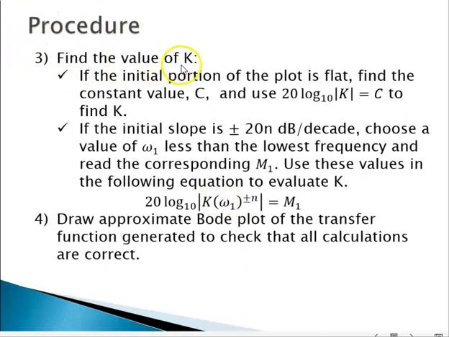Then you will find the value of K. After finding all the polynomial terms, you find the value of K. If the initial portion of the plot is flat, find a constant value C where it is flat and use 20 log K is equal to C to find the gain K. If the initial slope is plus or minus 20 n dB per decade and it is no longer flat, you need to choose a value of omega 1 less than the lowest corner frequency and read the corresponding M1.